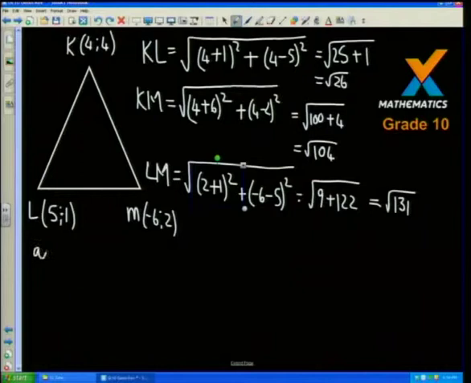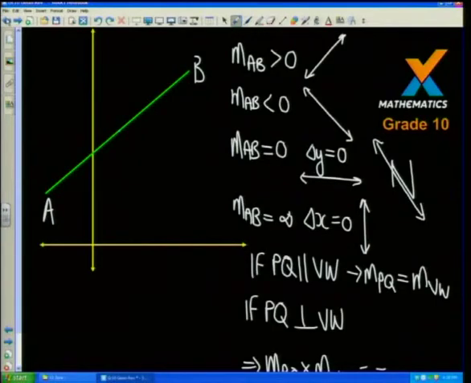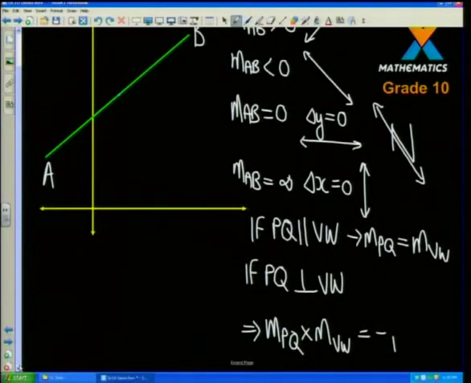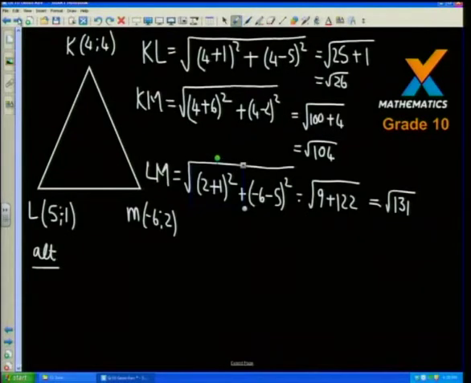Our alternative here will be to look at my gradients. I just learned from the previous slide that if my lines are perpendicular, the product of the gradients is going to be -1. So let's move back here. If I work out my gradient of KL, my gradient of KL is my change in y over my change in x.